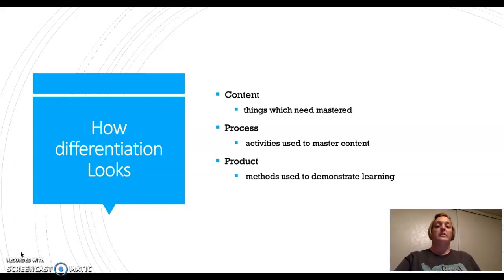And then we have the product, the method used to demonstrate the learning. So we make the product assignment challenging, but not so difficult or complex that the students are unable to complete it on their own.